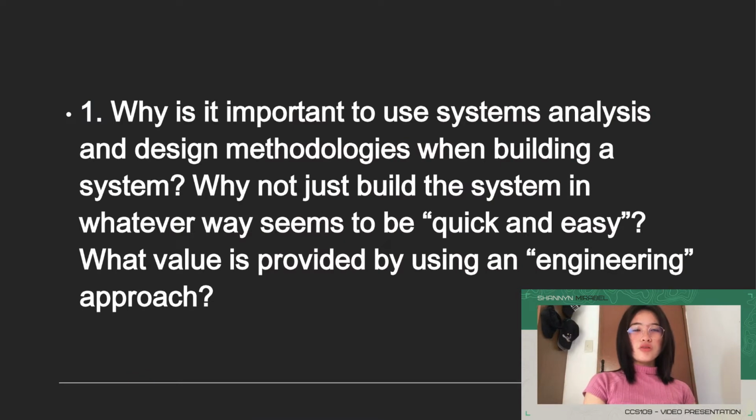Why is it important to use system analysis and design methodologies when building a system? According to Miller, 2017, 8 criteria are suggested for comparing different software packages in the section on selecting off-the-shelf software.